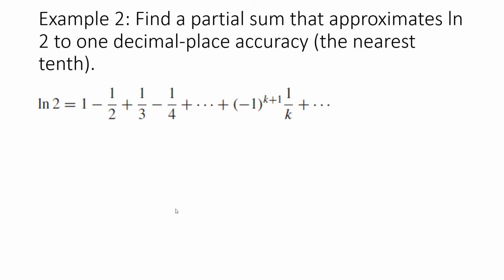Find the partial sum that approximates the natural logarithm of 2 to one decimal place accuracy, the nearest tenth.